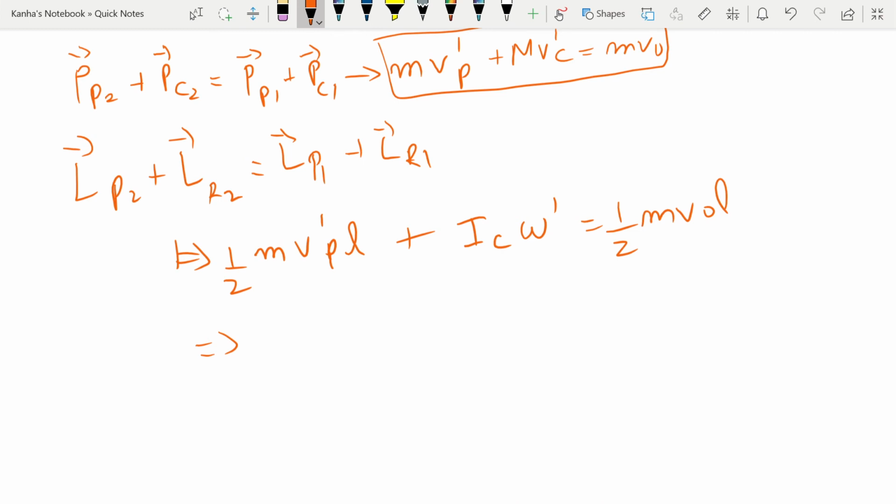So I get 6 m v prime p plus m L omega prime is equal to 6 m v naught.